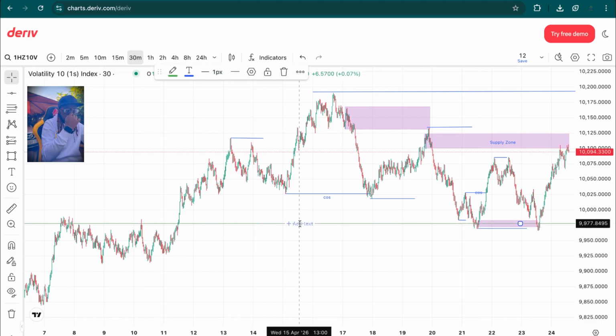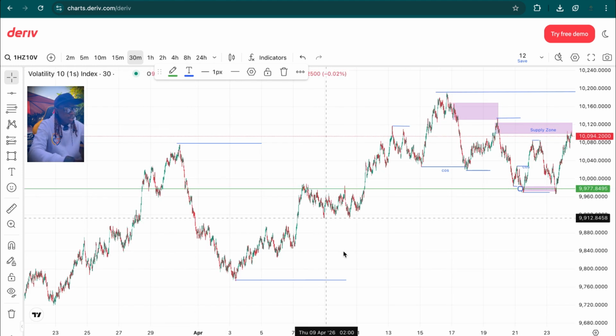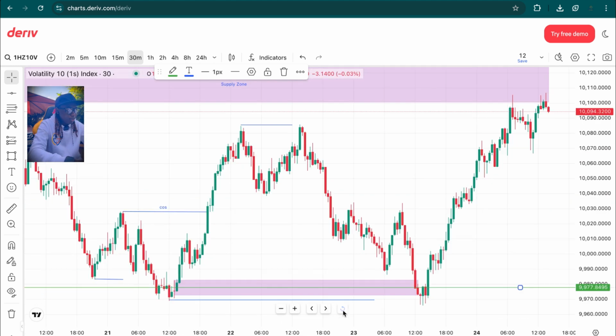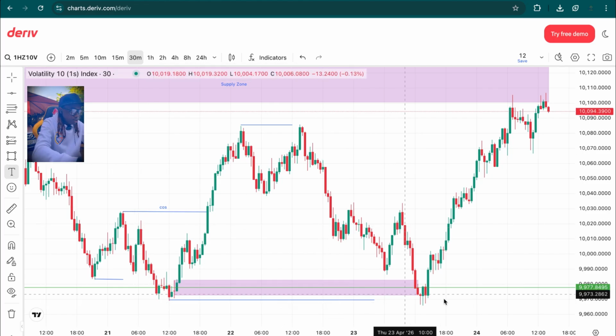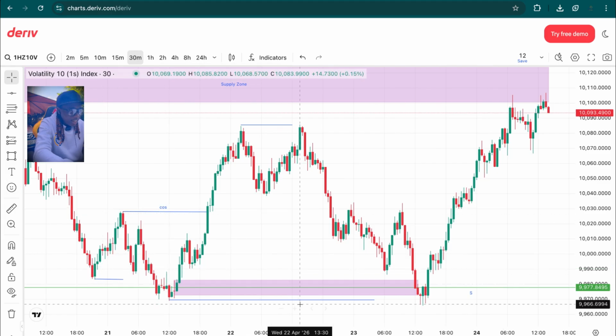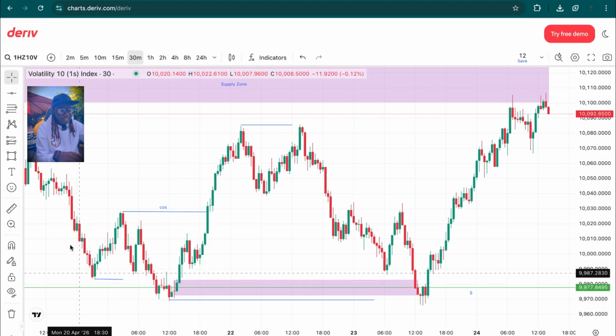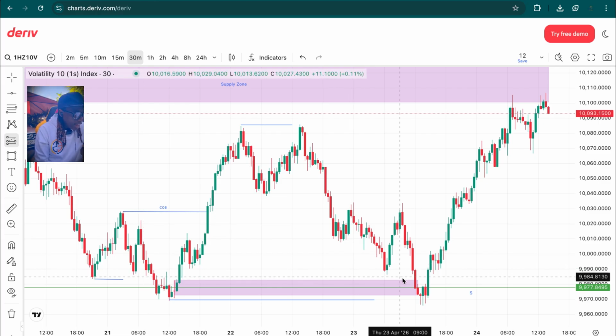And when I draw my horizontal line like that, you'll be able to see that it's a very crucial zone, and that is my support and resistance zone. So this was now my support zone, and after I saw my order block, my support and resistance zone, and the change of structure, I directly knew that that was now my entry point.